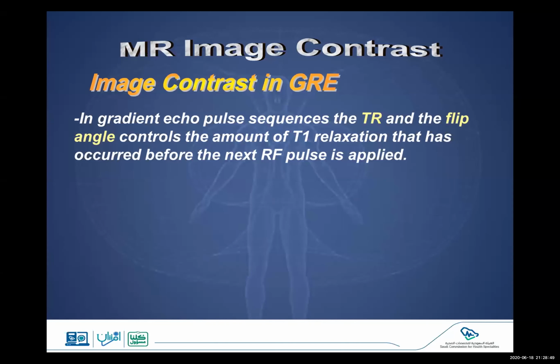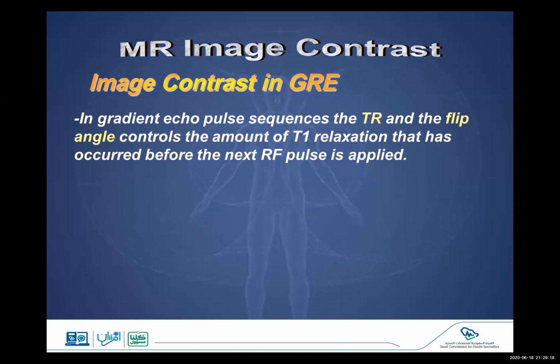If I have two runners, they start, and I tell them you have 100 meters to go through, and only 60 seconds or 30 seconds. The time is TR, and the distance is the flip angle. So I cannot make the distance like 1 meter, because with 1 meter, they will just start, and by starting only, they will reach the last point.